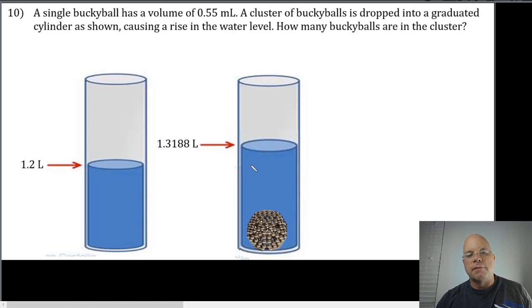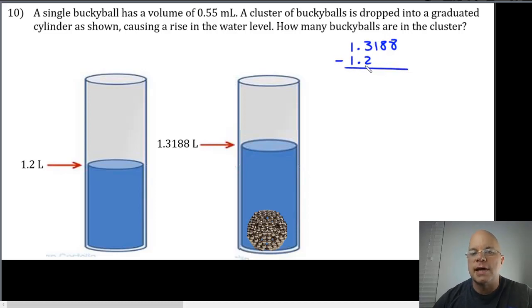Well, the volume of the buckyballs will be equal to the difference in the volume of the water, from this state to this state once they're dropped in. So we have to find the difference in this water level first. I have 1 and 3,188 10,000ths minus 1 and 2 tenths.